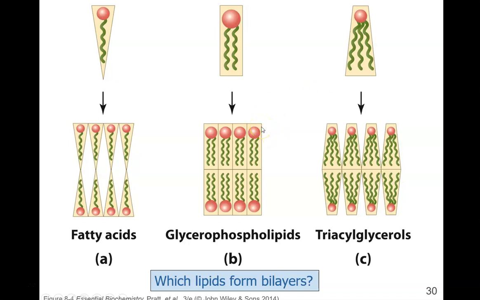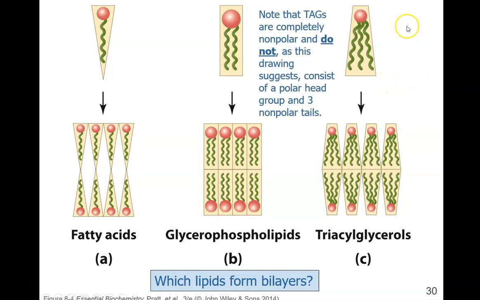If we look at which lipids can form bilayers, hopefully this diagram shows that very well. With these cylindrical shapes, if you have a head group and two nonpolar tails, you form a bilayer quite nicely, whereas you have this conical shape right here that leaves you a lot of holes in your membrane. So the fatty acids on their own don't form membranes. The triacylglycerols don't either. I don't particularly like this diagram.